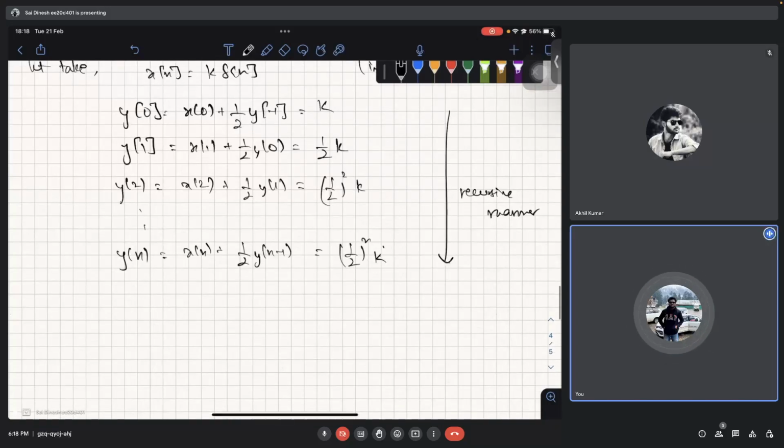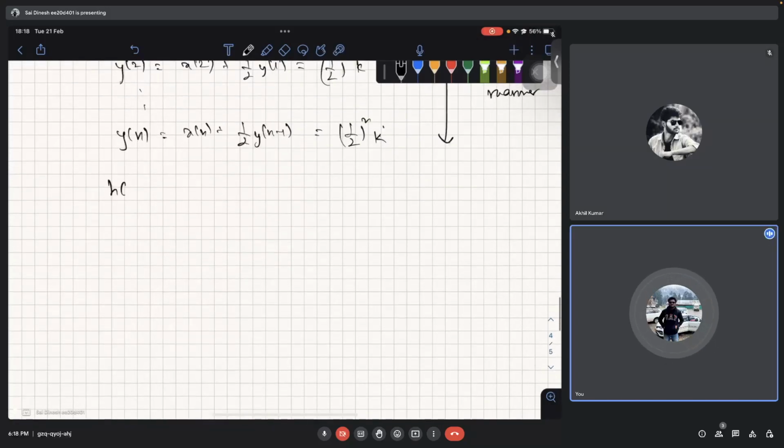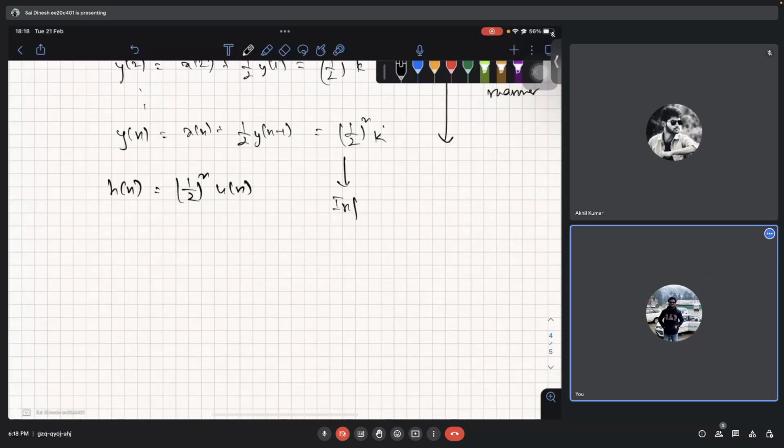So if we see, we get the impulse response of the system h of n to be 1 by 2 power n into u of n, right? So now if we see, this is an infinite duration signal.